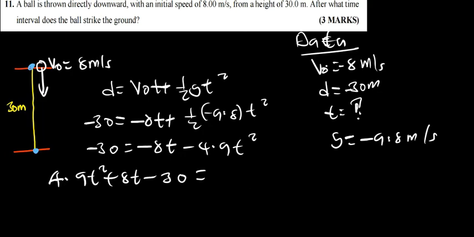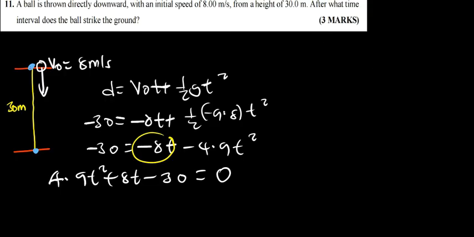Then here I've remained with equal to 0. This is a quadratic equation. I don't know if I've moved so fast here, but let me know if I've moved so fast. What I've done, I've shifted this and that to go to the other side, so that I remain with 0 on that other side. Then now I can use the quadratic formula. So I have that.